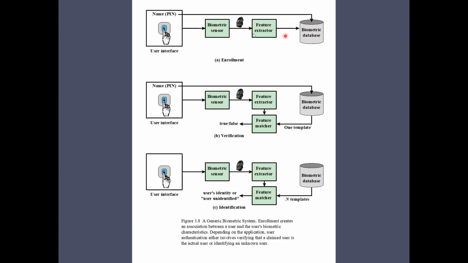If it is a face, for example, the dimensions between the eyes, the dimensions of each eye, of eyebrows, of cheeks, nose, mouth edges, and so on, will be extracted and then stored on the database.